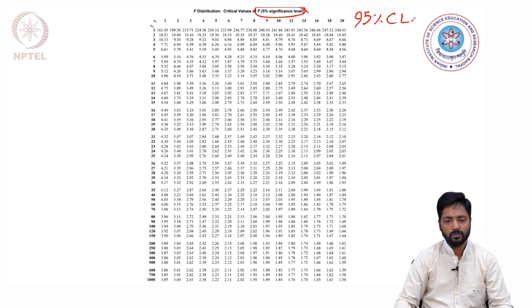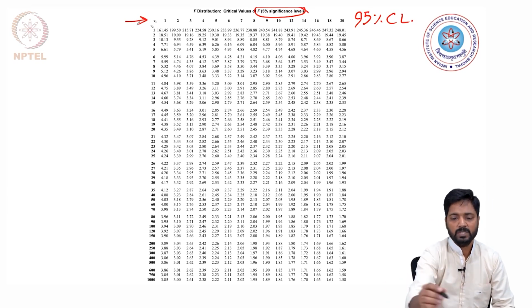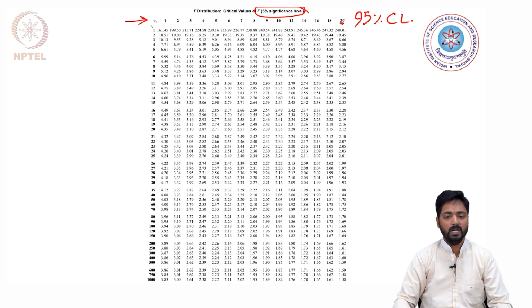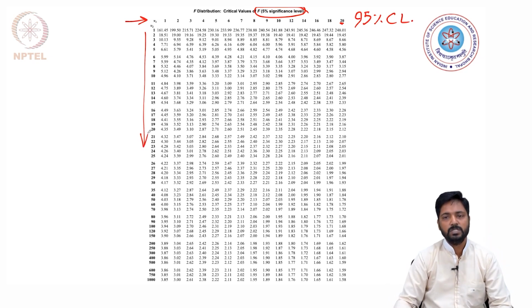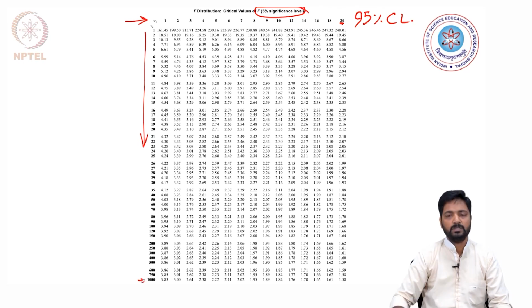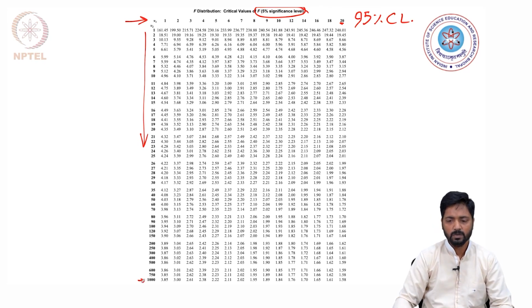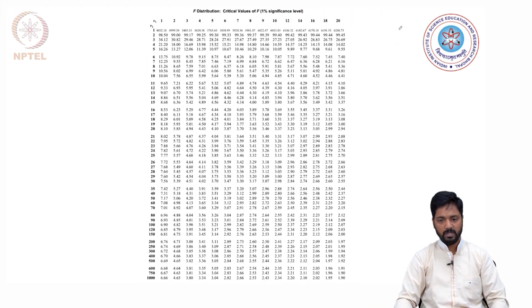So I also want you to note that you have nu1 value, which is in this case tabulated up to 20 degrees of freedom, and similarly you have a nu2 value which is tabulated up to 1000 degrees of freedom. So this is the table that we have at 95% confidence level.